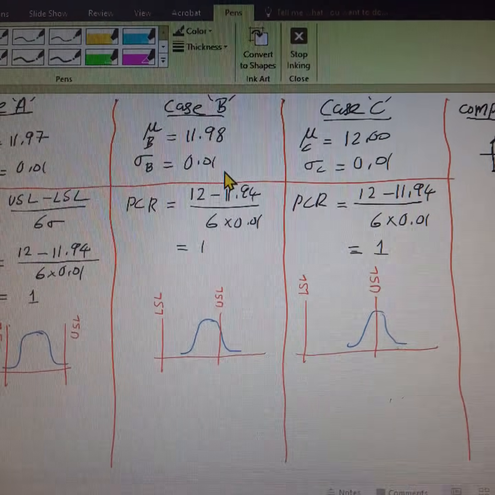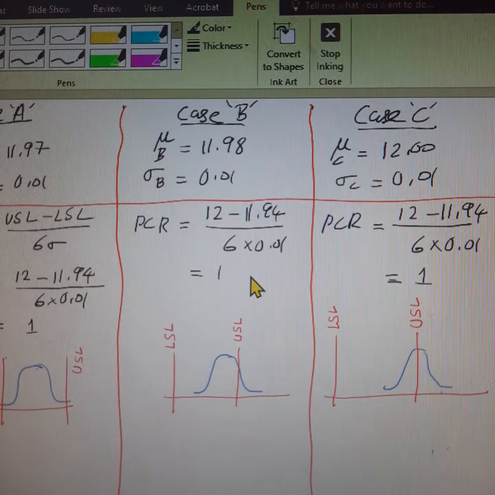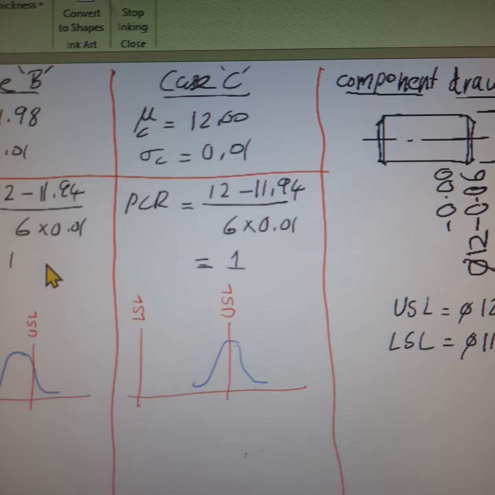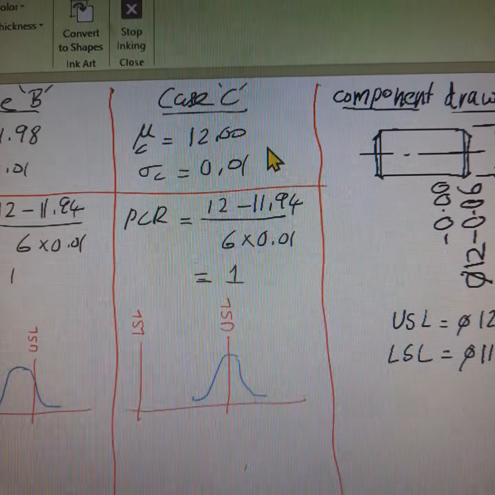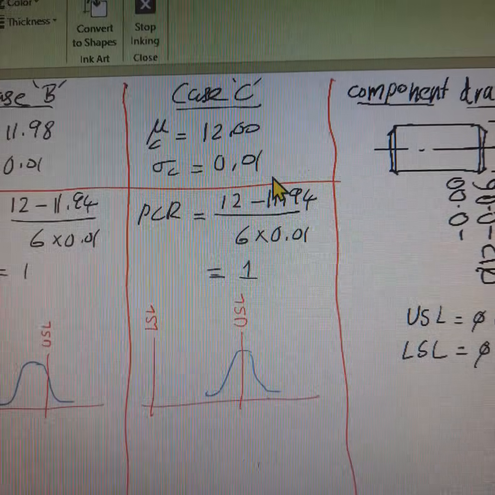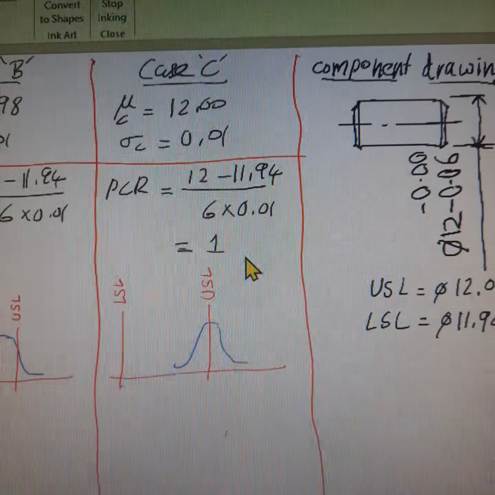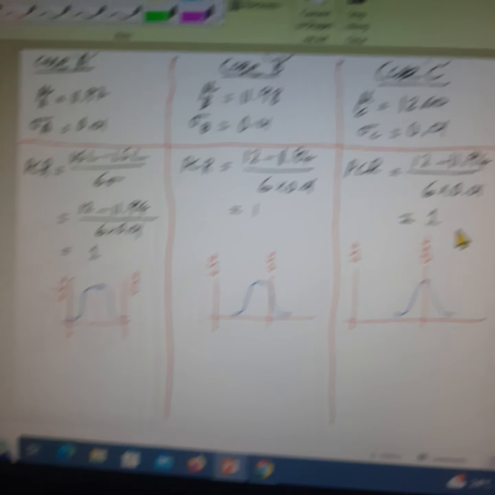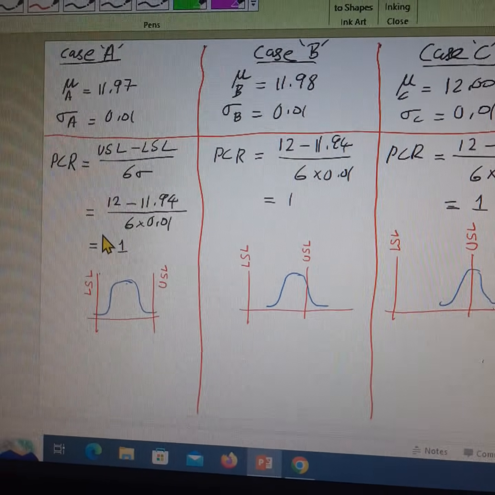The PCR value for this case B is also 1. Case C, the process capability study gives a result of mean of 12 and standard deviation of 0.01. The PCR for this case is also 1. So the PCR for all the three cases is found to be 1.